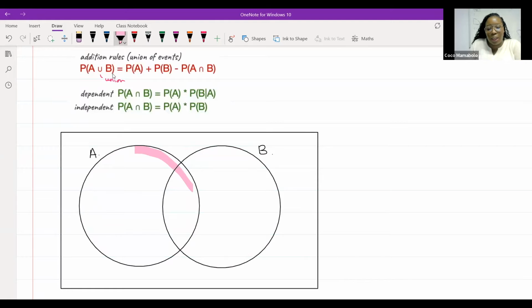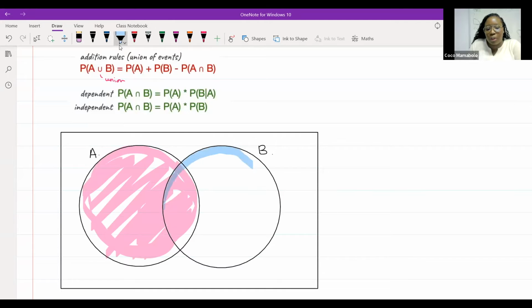The whole of circle A, plus the whole of circle B. What did we notice about both of these? I've counted a particular place twice. Which part did I count twice, guys? Correct. I have now counted the intersection 2 times.